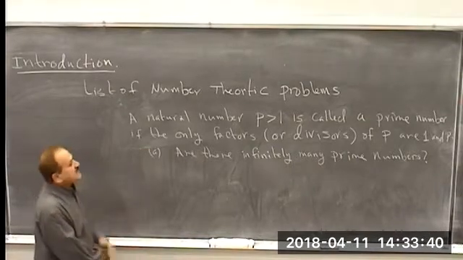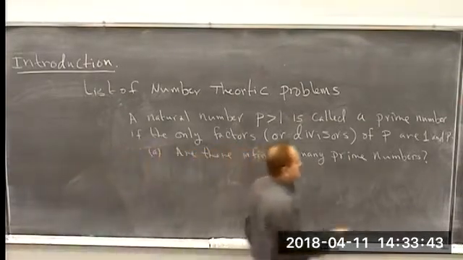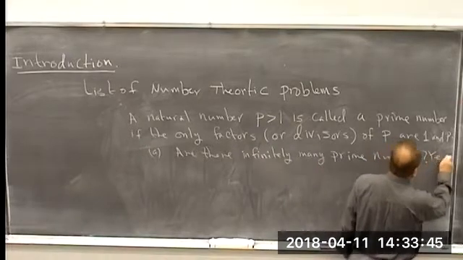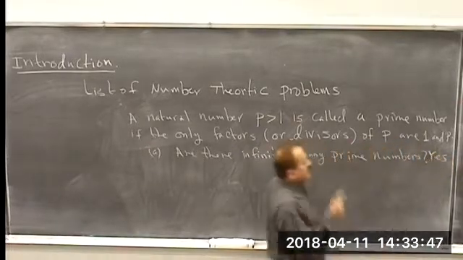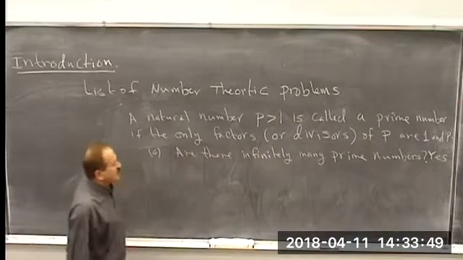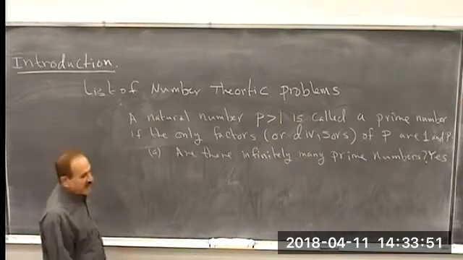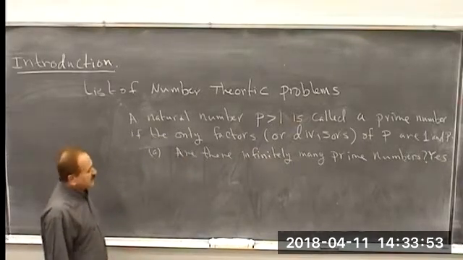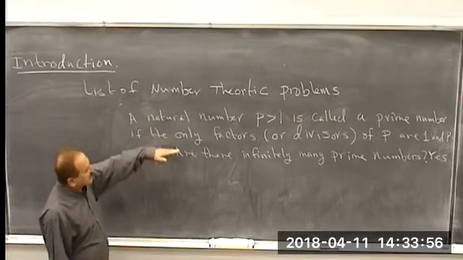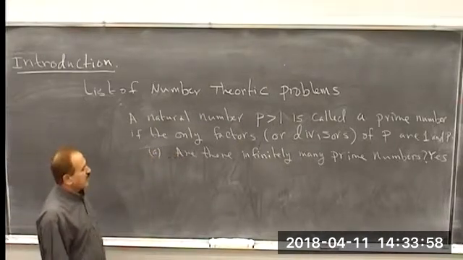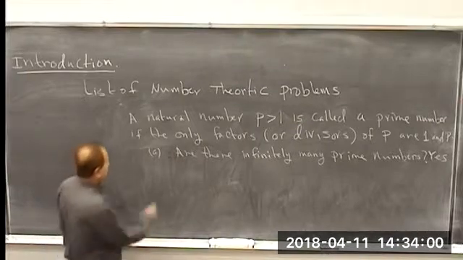The answer to this is yes, and it was proved by Euclid in his Elements. And we're going to actually go over Euclid's proof. There are many other proofs given since then, but the nicest one is actually Euclid's proof that there are infinitely many primes.